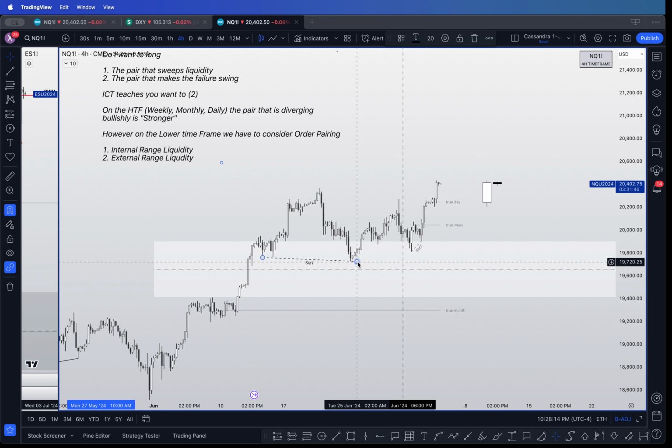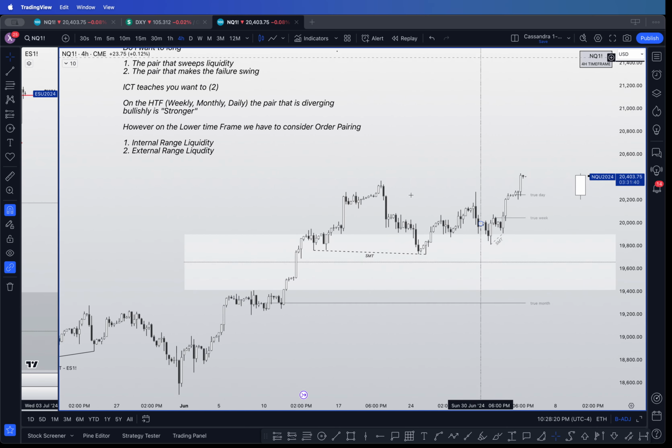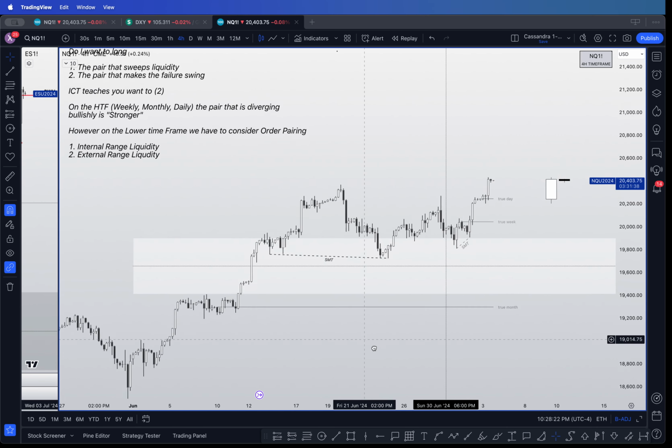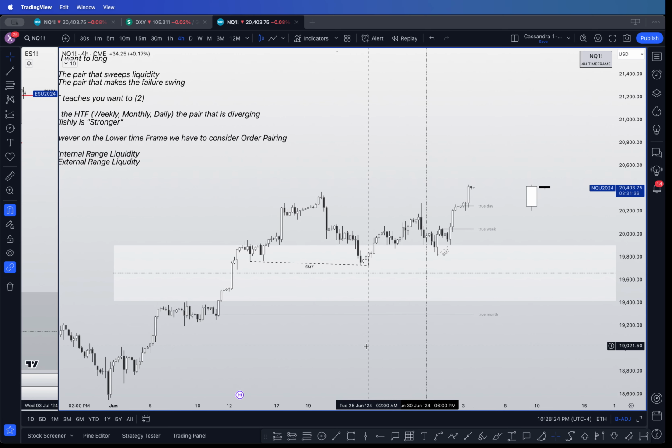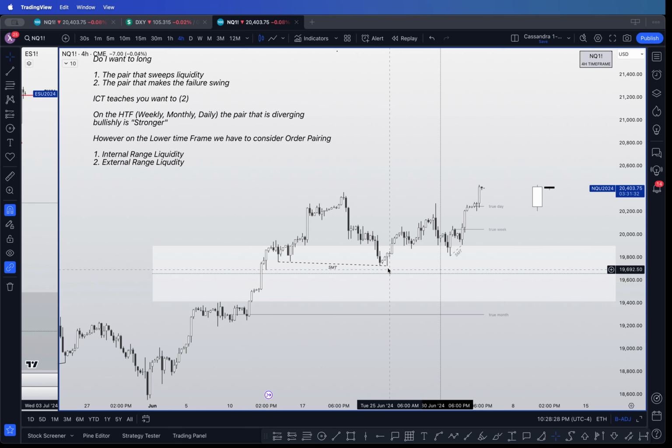I think you should actually consider SMTs in context of market maker models, like I teach you for every concept. You want to specifically look at the SMT in relation to order pairing of that level.